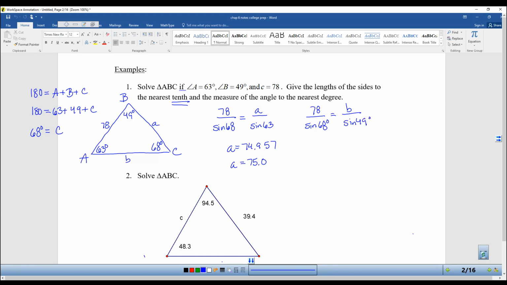In case you didn't follow this last time, I didn't actually write it out for you. I would multiply both sides by sine of 49. You guys have gotten good, so I didn't think to show it on the last one.